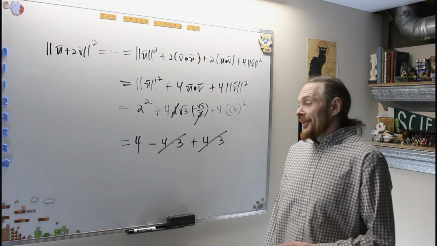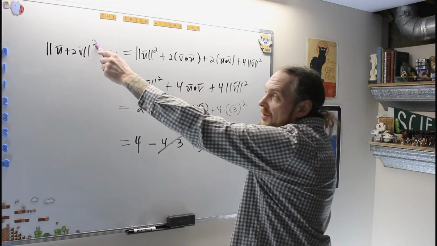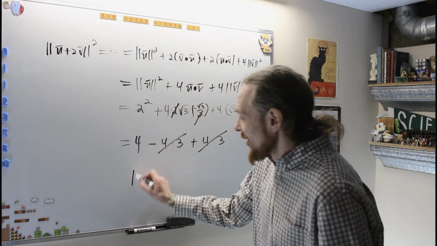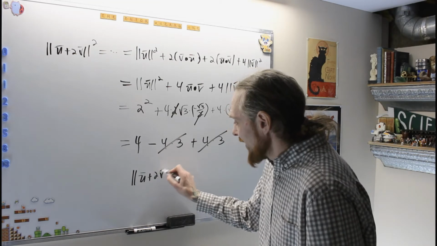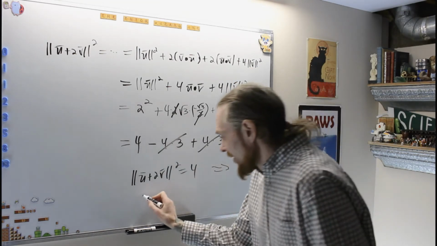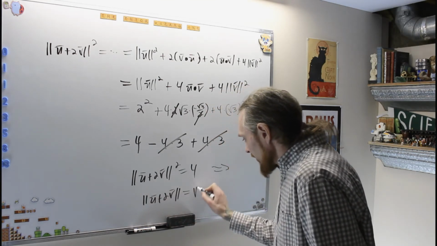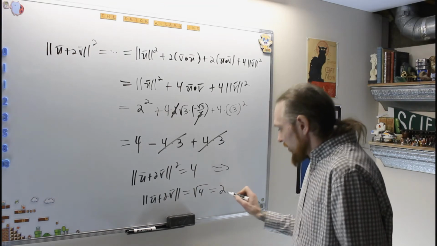And careful, this is the most common mistake: it asks for the norm of it, not the norm squared. So the norm of u plus 2v squared is equal to 4, which is a nice perfect square. So the norm of u plus 2v is equal to the square root of 4, which is 2.